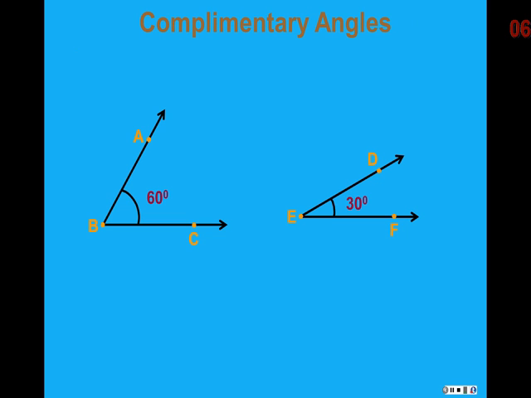What are complementary angles? Who remembers? Complementary angles are what kind of angles? They are two angles that total 90 degrees. Do they have to be adjacent? No. They don't have to be adjacent to be complementary. So as long as it totals exactly 90 degrees, it's complementary to one another.